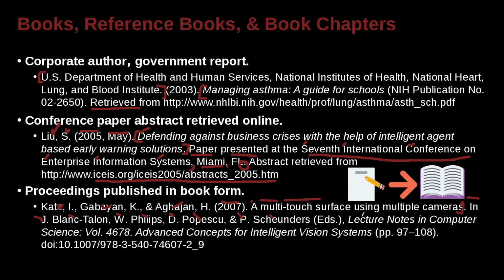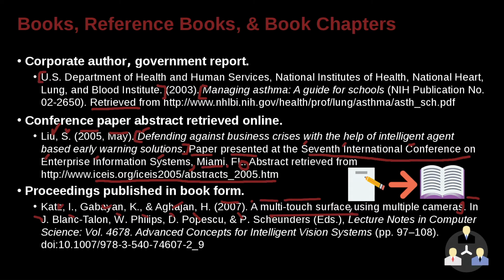And then the name of the actual conference. Lecture Notes in Computer Science. Now, this probably was the name of the conference, but for sure it should be the name of the book that's been put together. Advanced Concept for Intelligent System. So this is, well, wait a minute. This is lecture notes. Yeah, I'm sorry.